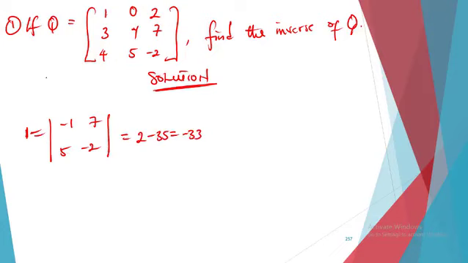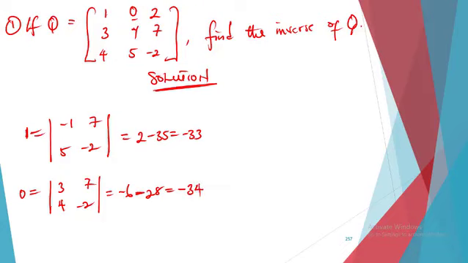Okay, then for 0, cancel everything here, we have 3 4, 7 minus 2. 3 times minus 2 is minus 6, 4 times 7 is what? 28, so we have minus 28. Added to this, we have minus 6, minus 34, right?